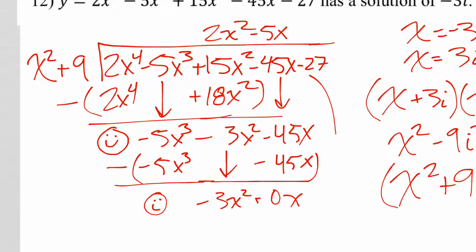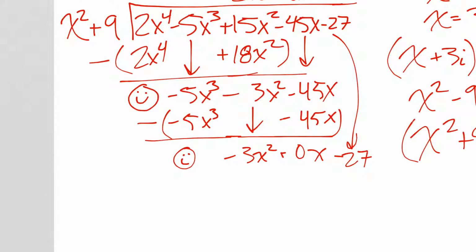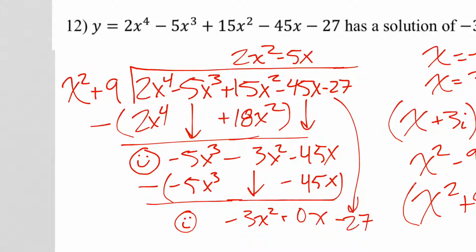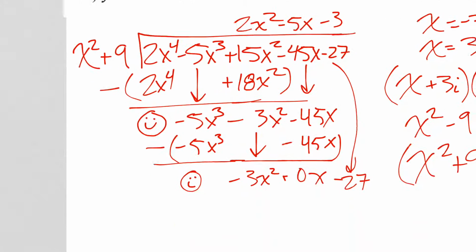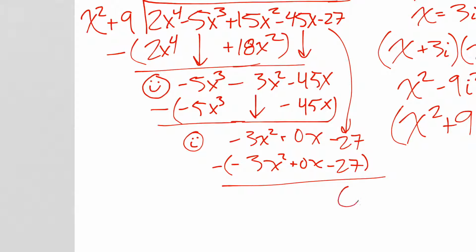And now we can bring that minus 27 down and finish this problem without tears, because we can again say x squared times what is negative 3x squared, and it has to be negative 3. And we know that negative 3 times x squared is negative 3x squared, as expected. And negative 3 times 9 is negative 27. And we don't have an x term, so we have that. And we are happy because we don't have a remainder.